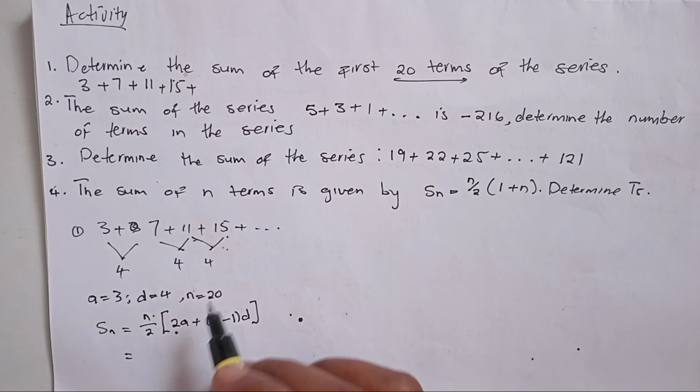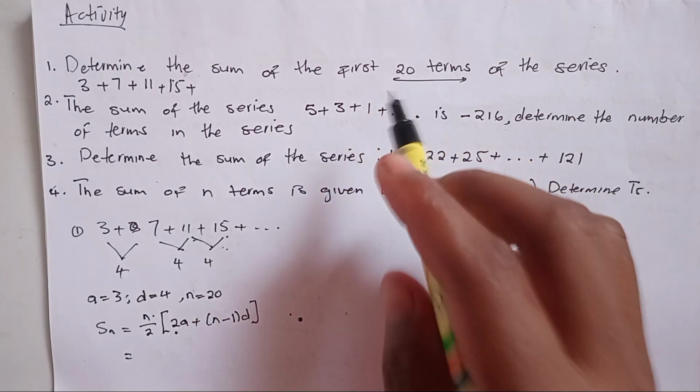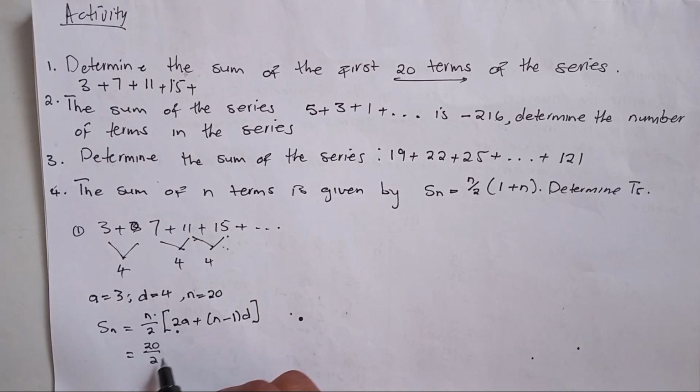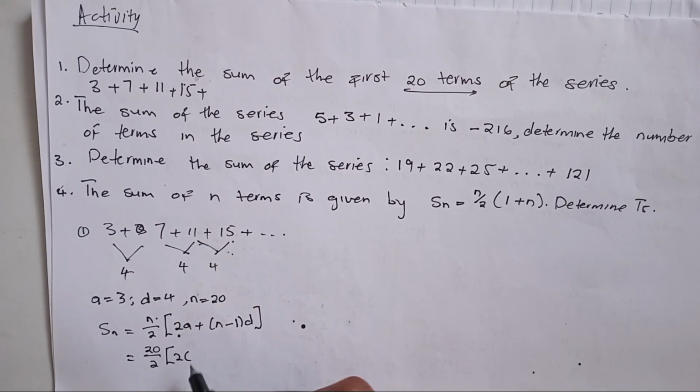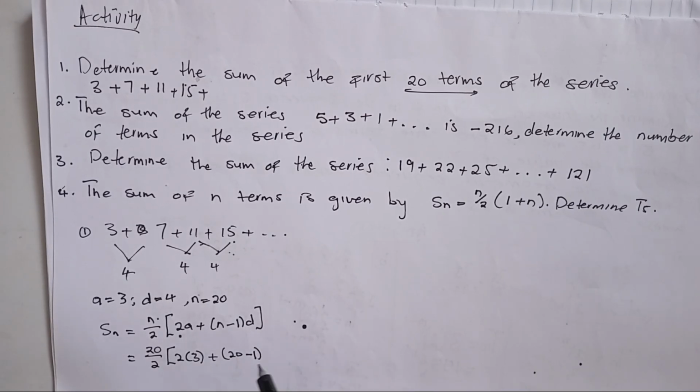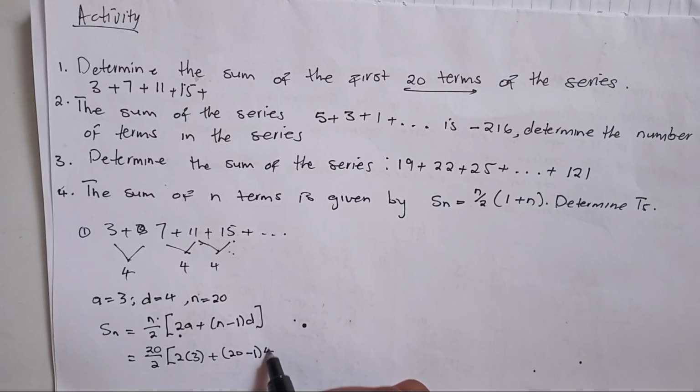So what will be there? Our n is 20 because they said find the sum of the first 20. It's going to be 20 over 2 into 2 times a. What is a? A is 3, plus n minus 1, where n is 20. What is the difference here? Our difference is 4.